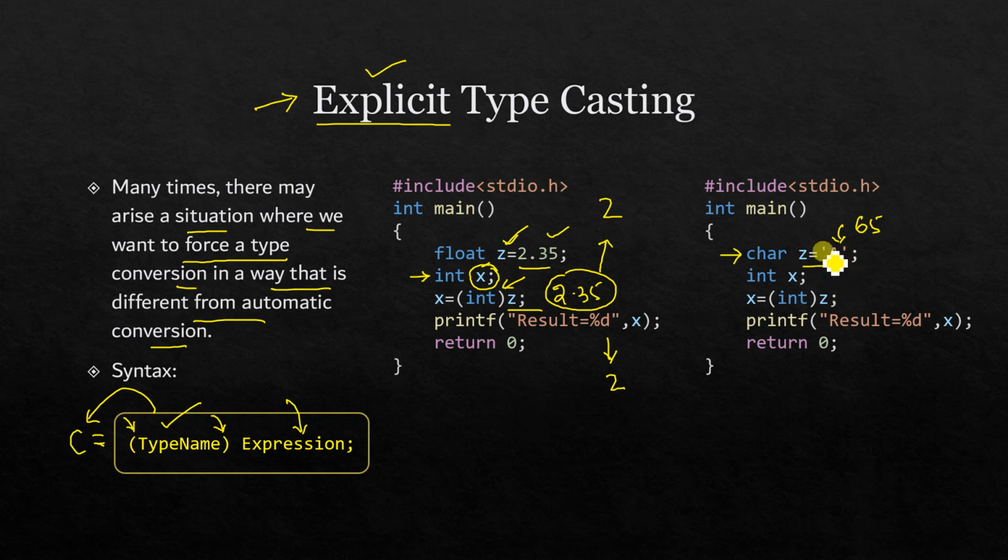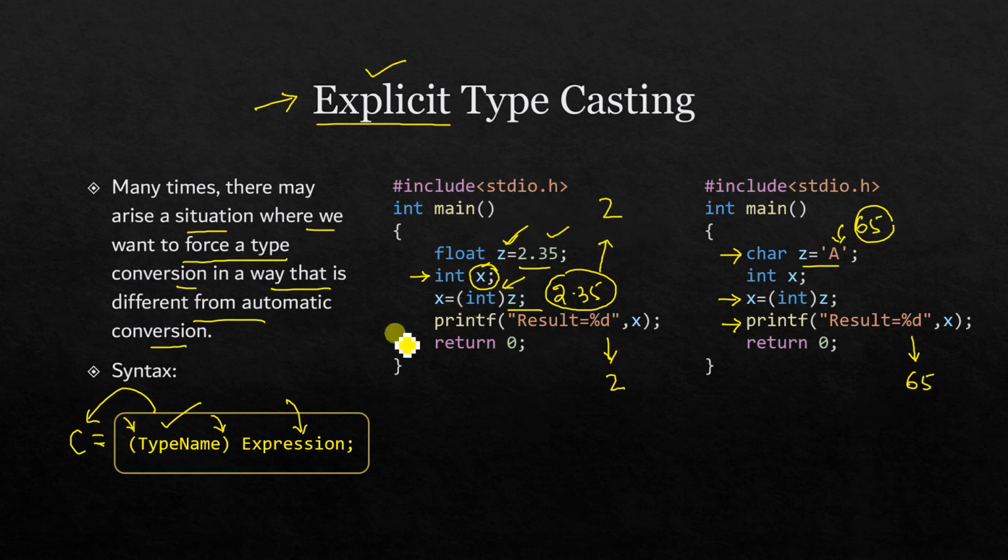That means the integer value of 'A' is 65, and that 65 is assigned to x in this line. Finally, in the printf statement, the output will be result = 65. So this is how explicit type conversion works.